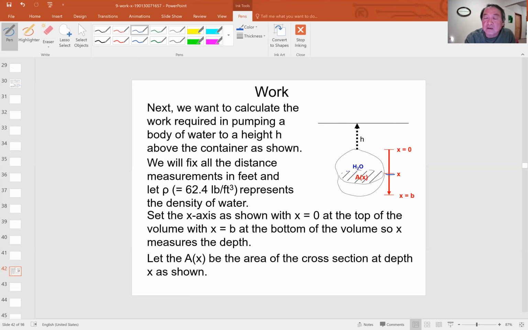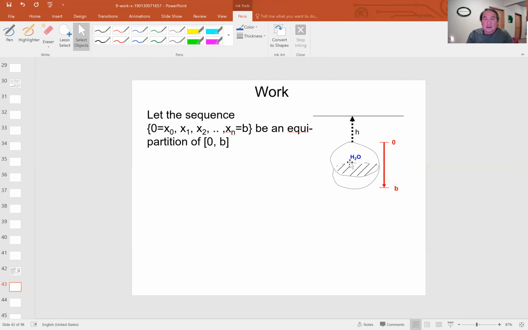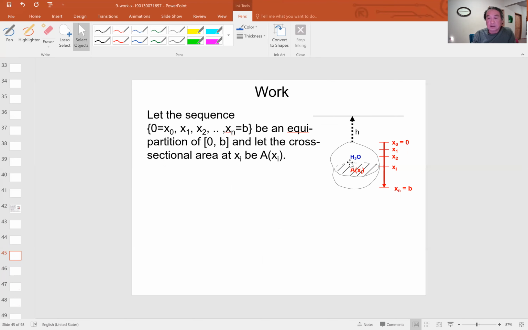And I have a cross-sectional area. Suppose I can get the cross-sectional area of the container. Let me partition this x-axis into regular partitions, and the cross-sectional area at x_i is A of x_i.